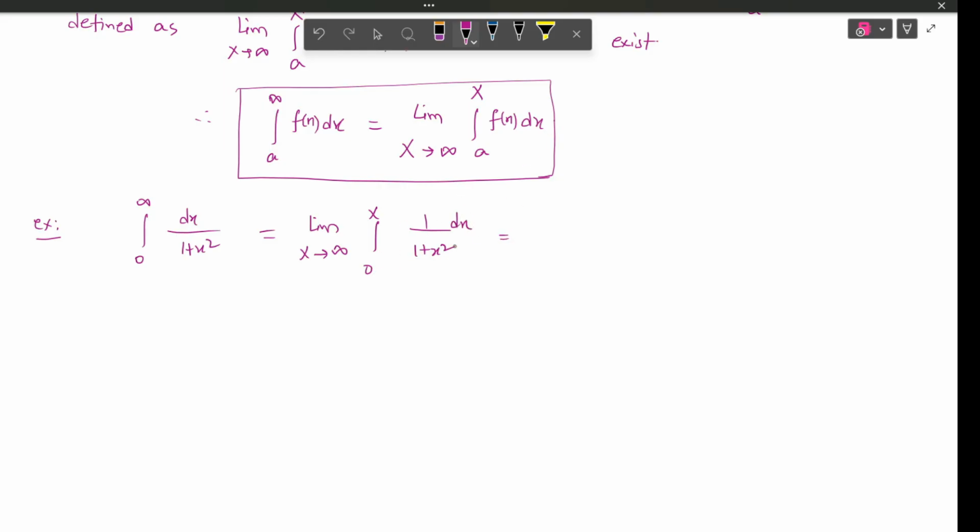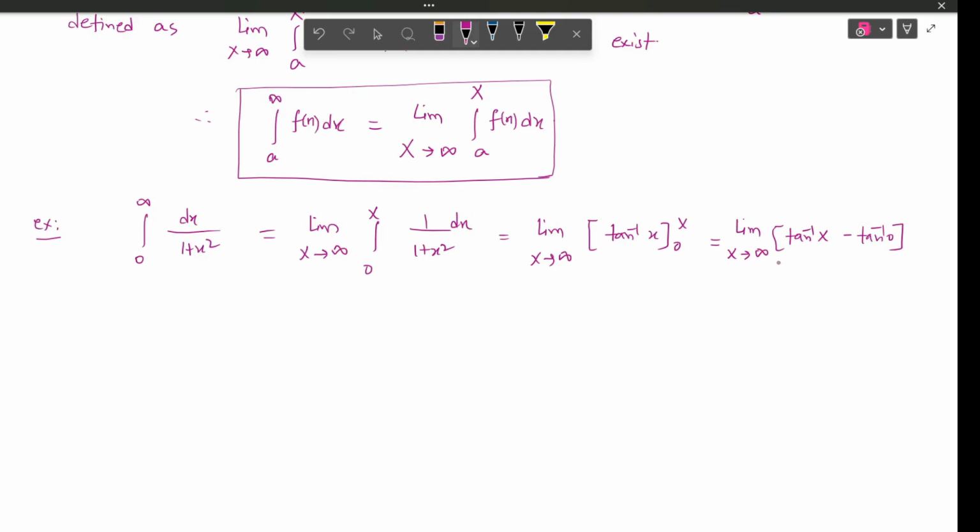Now simply solve this integral. So it will be the limit as X tends to infinity, and we know the integral of 1 by a square plus x square is tan inverse of x by a. So here a is 1. So it will be tan inverse of x from 0 to capital X, and if you put the upper and lower limits, it is the limit as X tends to infinity of tan inverse of capital X minus tan inverse of 0.